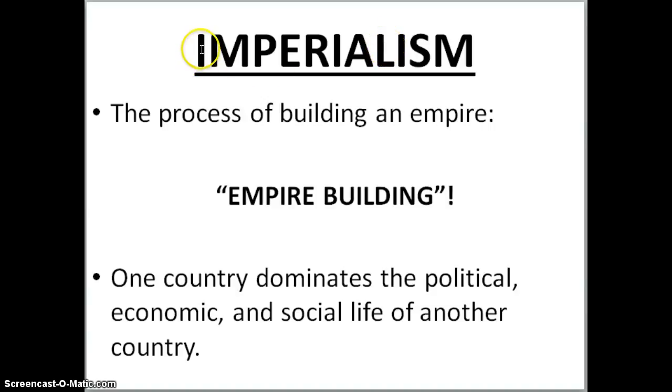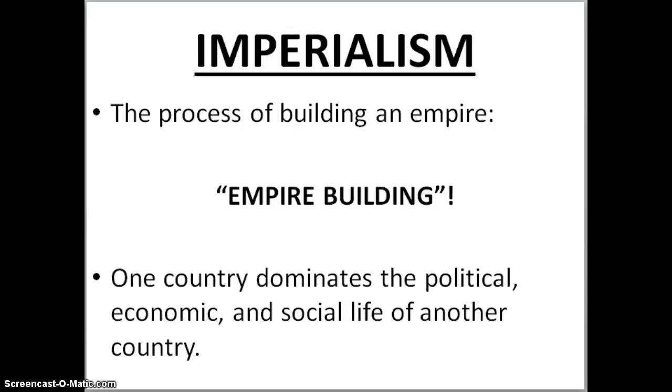If you took this I and turned it into an E, and then took this E and turned it into an I, and then took this I and turned it into an E, imperial could spell empire. I-M-P-E-R-I, and then E-M-P-I-R-E. Kind of flip that around, might help you remember it. So imperialism is empire building.